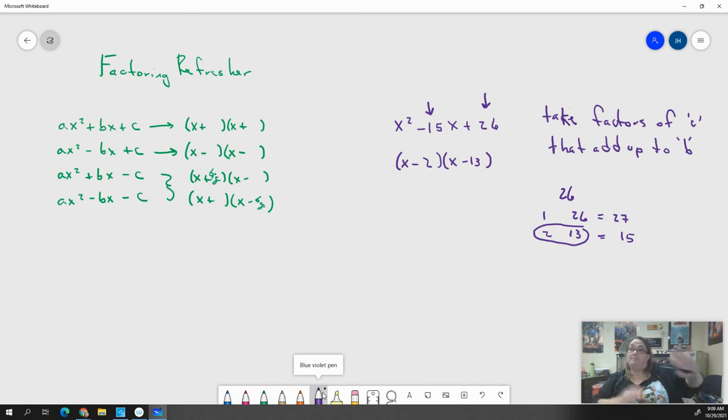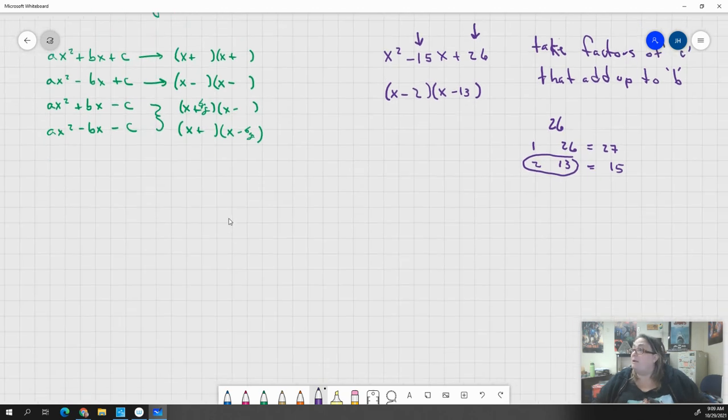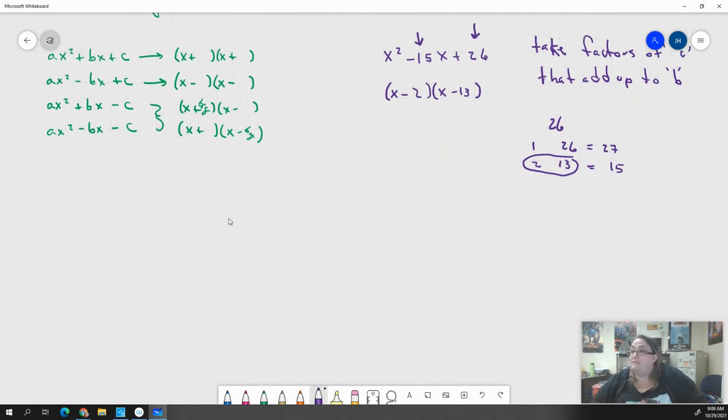We also talked about pulling out greatest common factors. We should always look for greatest common factors first. But today, what we're talking about is when ax squared plus bx or minus bx or whatever, where a doesn't equal 1.